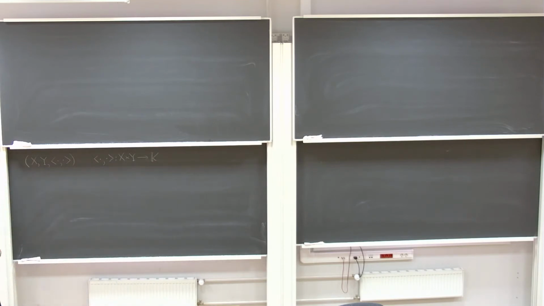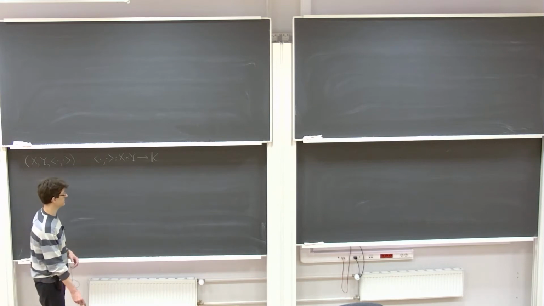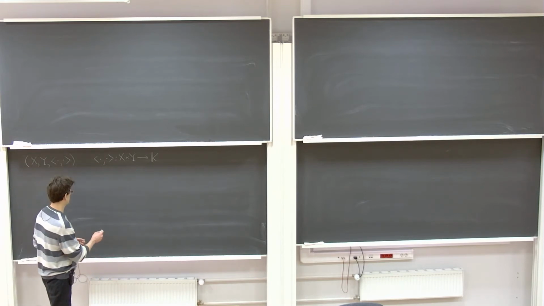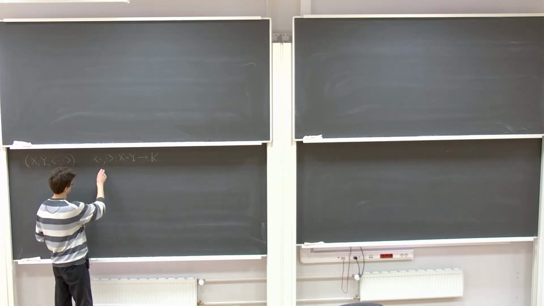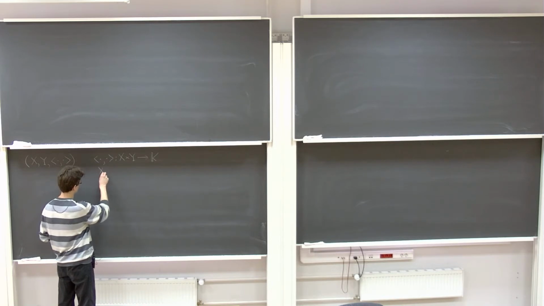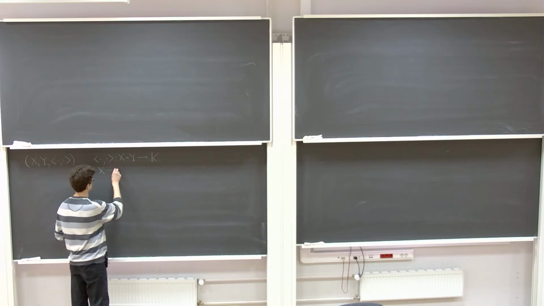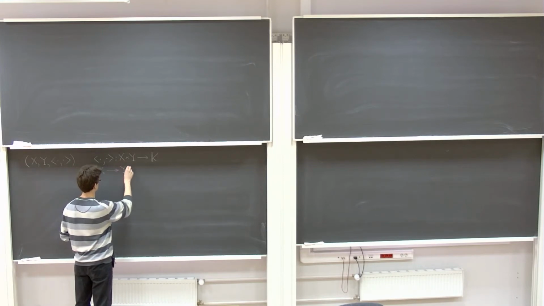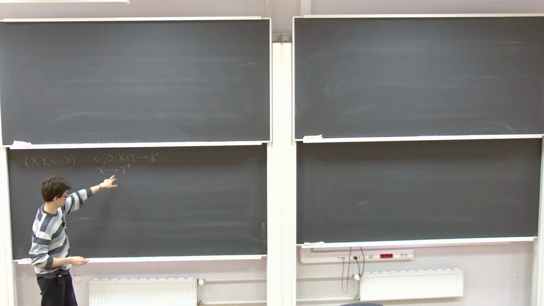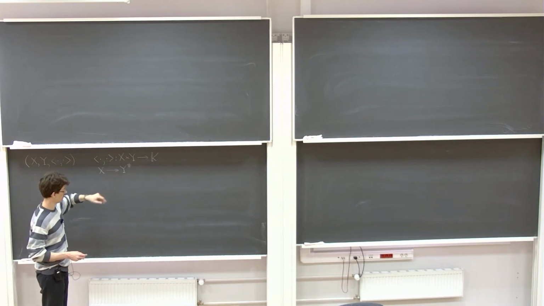And the non-degeneracy condition of this form is equivalent to the following. Since it's a bilinear form, it induces two linear maps from X to the algebraic dual of Y, which we denote by this symbol, Y hash.